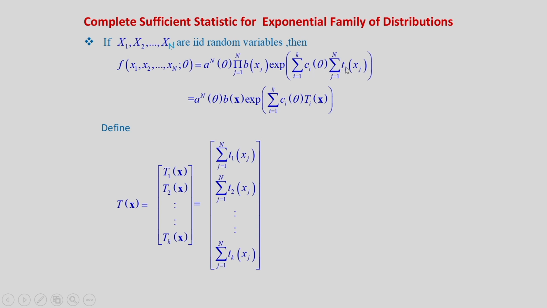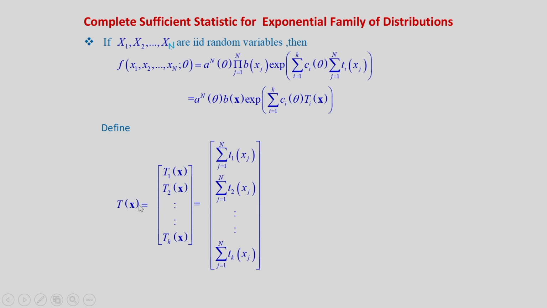So, this is a function of xj we are considering, because there are n terms, we will get an expression like this. Now, this we can write as a to the power n (theta) into b of x vector, because there is a product of xj terms. Similarly, this summation we can also write as a statistic Ti(x).